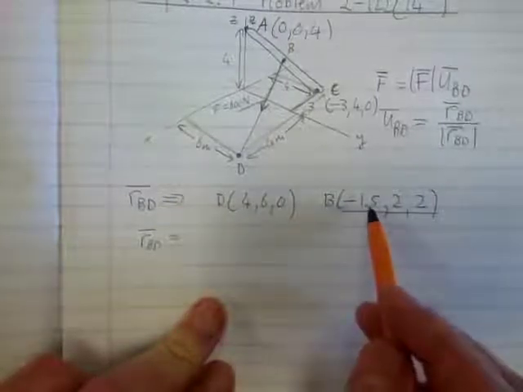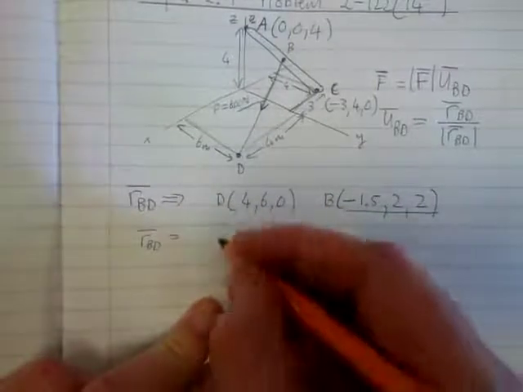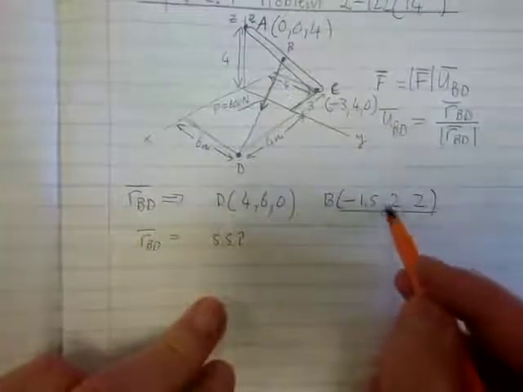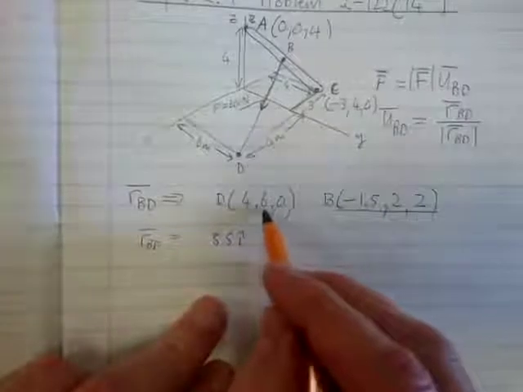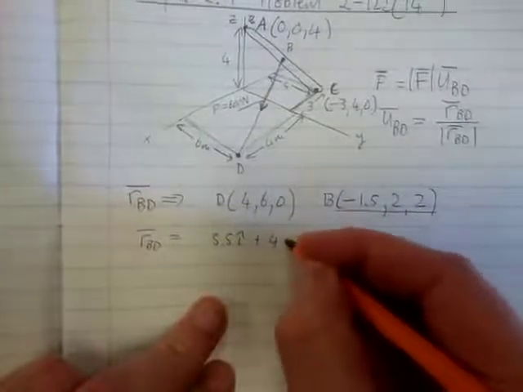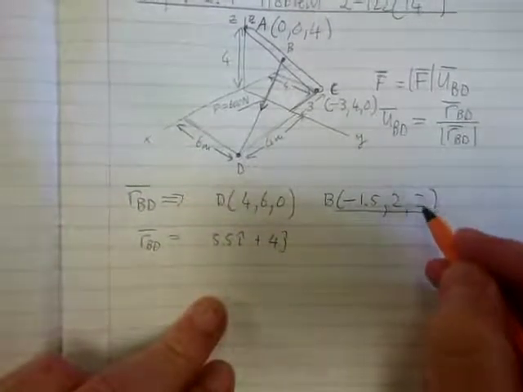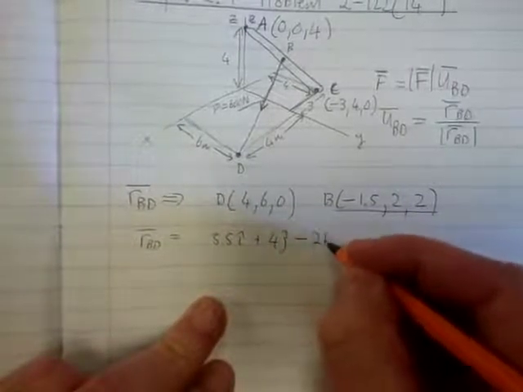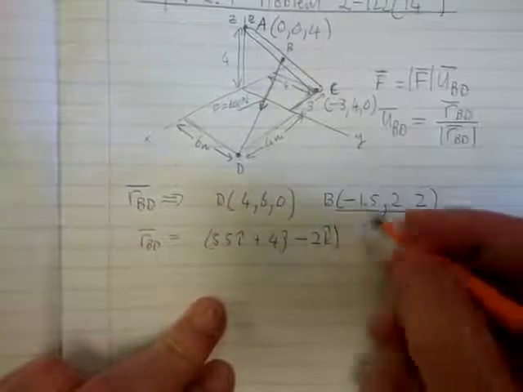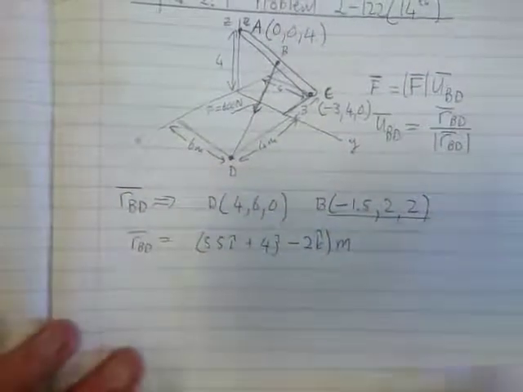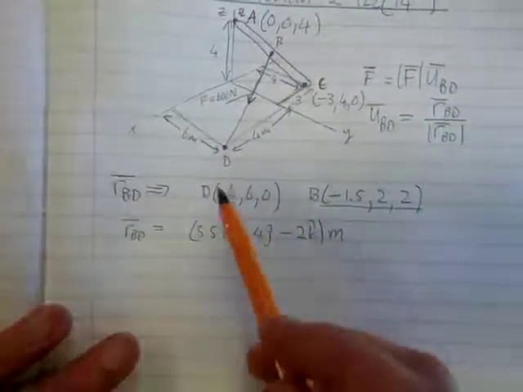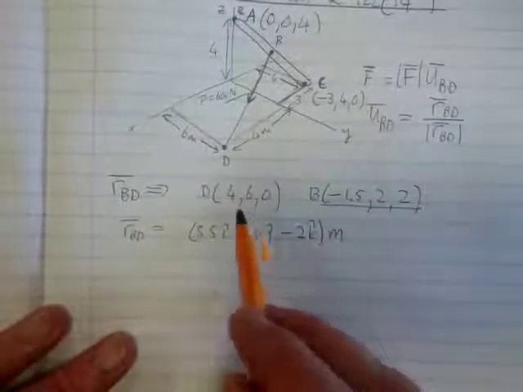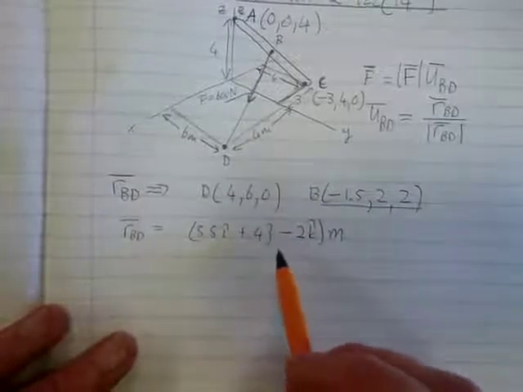So can you see I'm moving plus 5.5 in the I. I need to start at 2 and end at 6, so plus 4 in the J. I need to start at 2 and end at 0, so it's minus 2 in the K, meters. Remember, you can also just say end minus start for each component. That's also 100% correct.